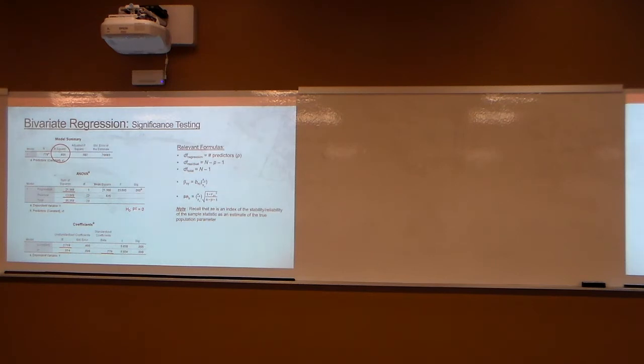Siley, this standardized coefficient, if I'm talking about a bivariate regression model, what is that standardized coefficient equal to? What is it the same as? So we've got one predictor and one outcome. What is that standardized coefficient equal to?